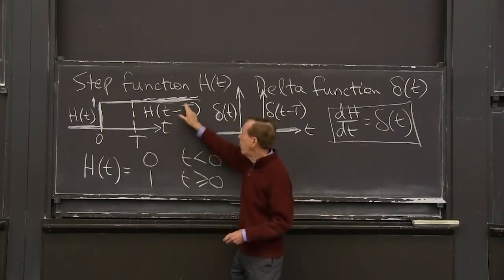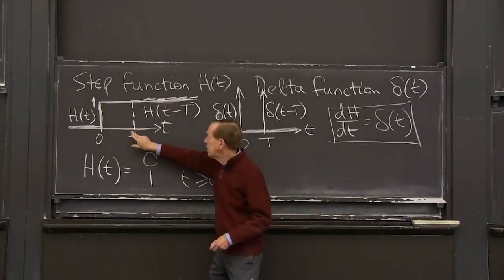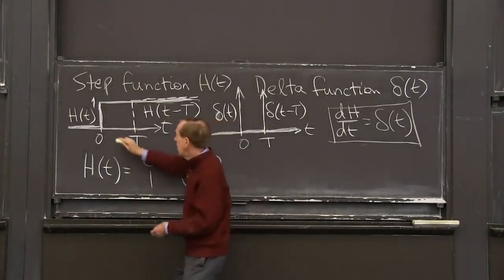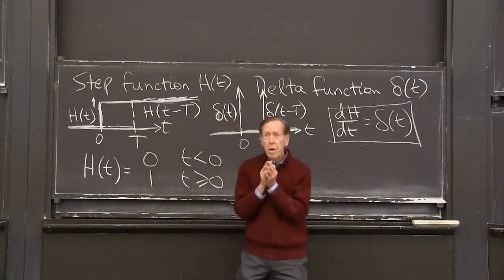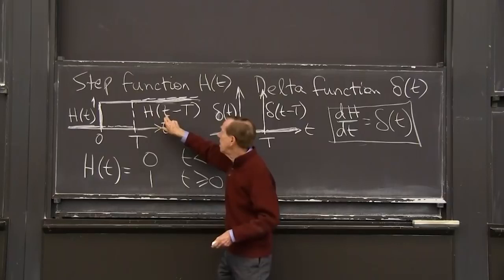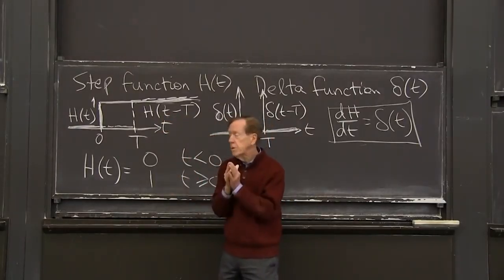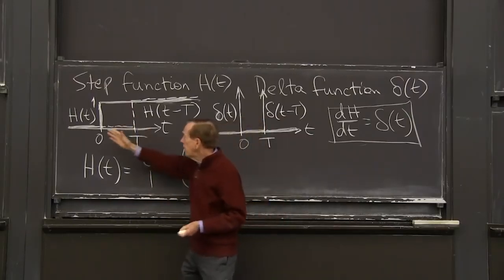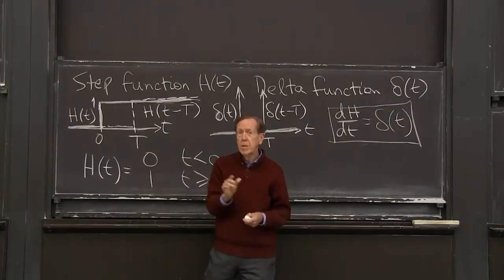Step functions jump when that's 0. And that's 0 at t equal to T. So the jump in dotted line, the shifted step function, will just shift over. That's the complete effect of changing from t to t minus a capital T, is just to shift the whole thing by capital T.